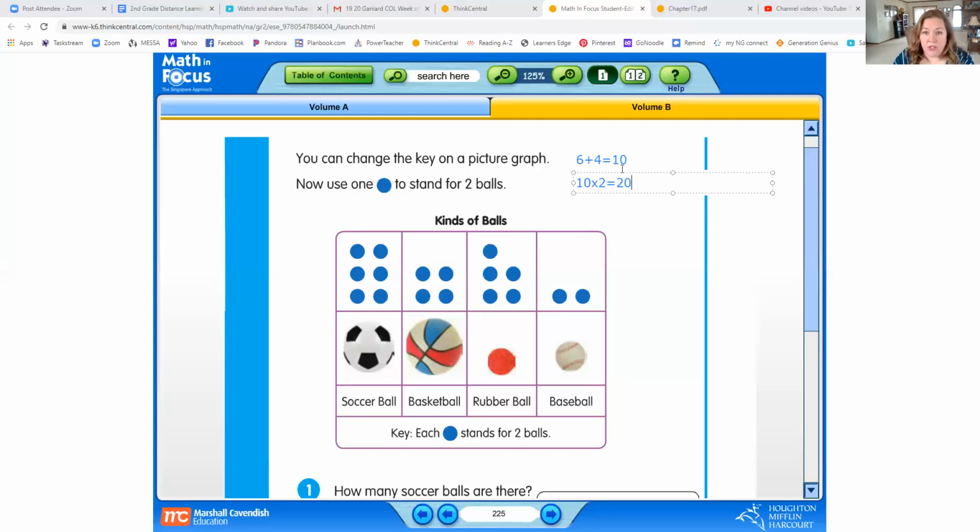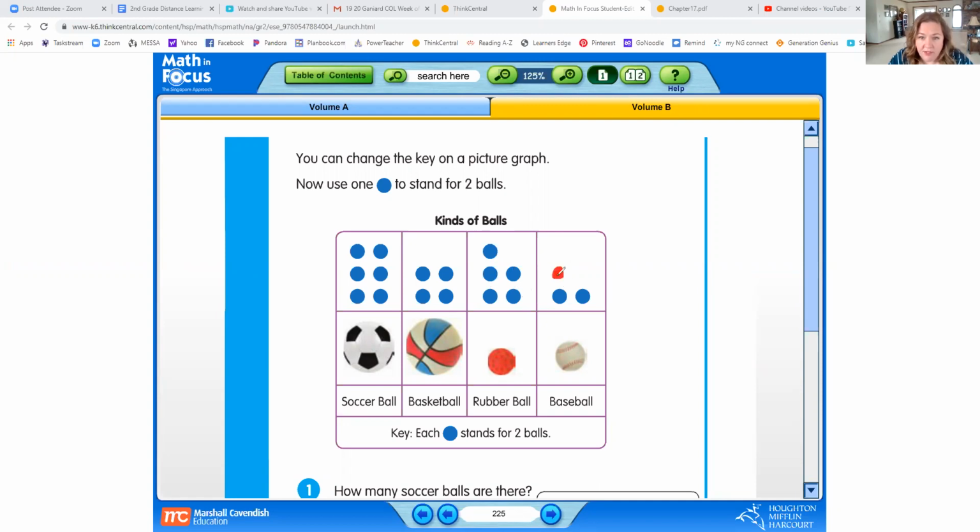One other thing I'd like to show you before I show you your work for today is I'm going to ask you this. If I wanted to have the same amount of rubber balls and baseballs, I would need to add to my picture, as I want the same amount. So I can see I have 1, 2, 3, 4, 5 blue circles in this graph.